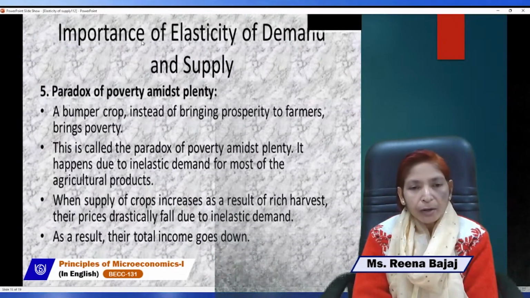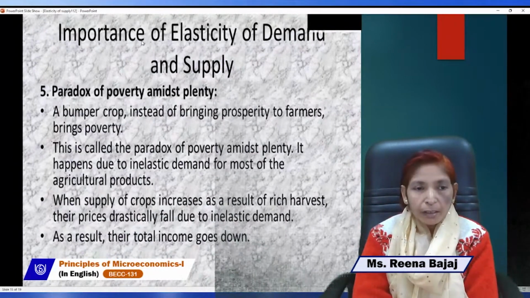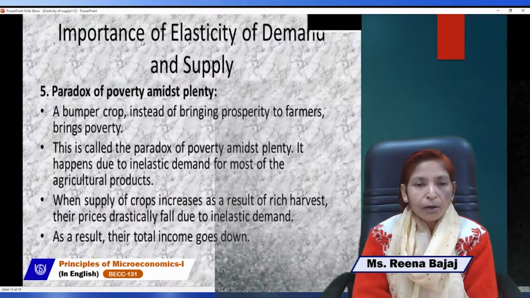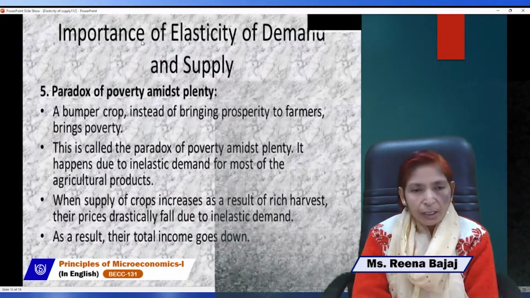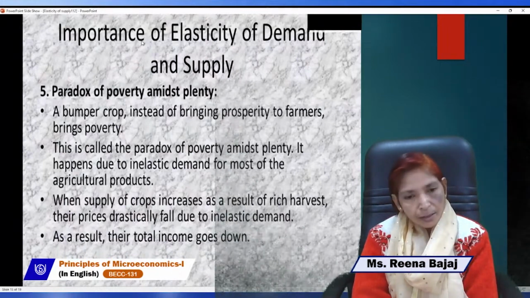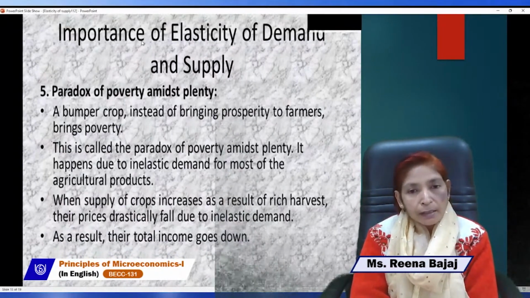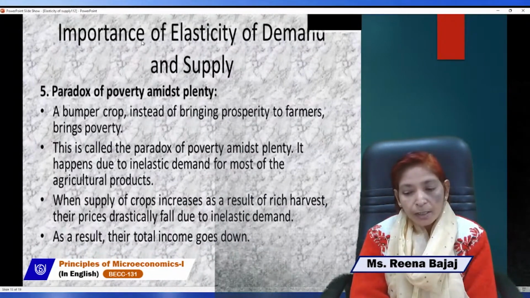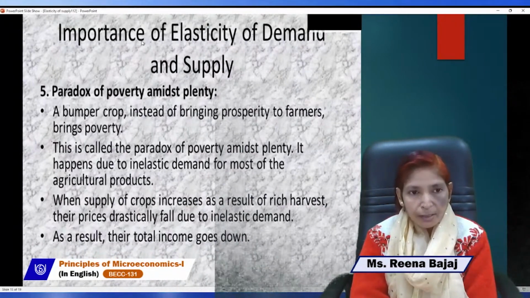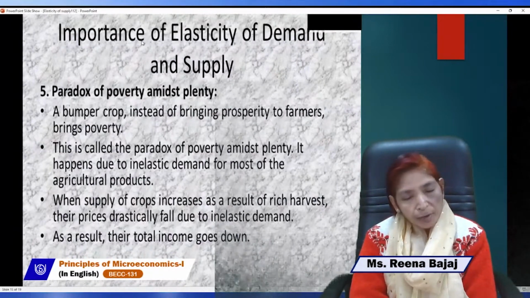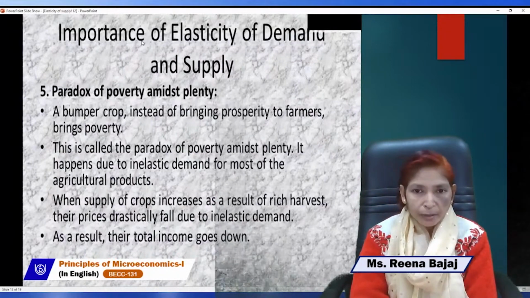This is called the paradox of poverty amidst plenty. It also depends upon variation in supply. So the concept of elasticity of demand and supply plays a very important role in understanding why farmers remain always poorer.